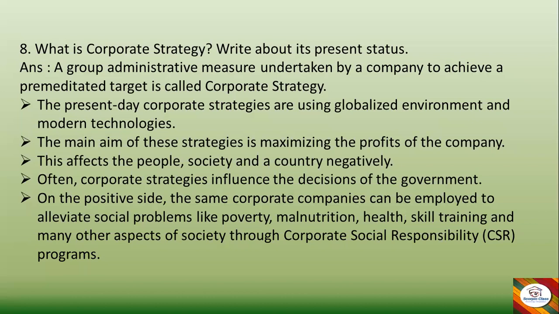This affects the people, society, and a country negatively. Often, corporate strategies influence the decision of the government. On the positive side, the same corporate companies can be employed to alleviate social problems like poverty, malnutrition, health, skill training, and many other aspects of society through corporate social responsibility programs.